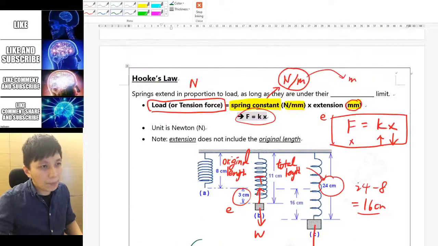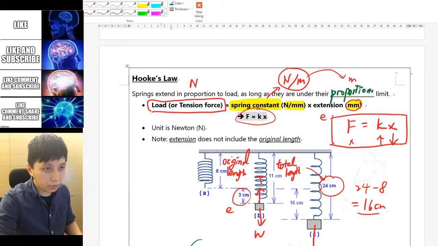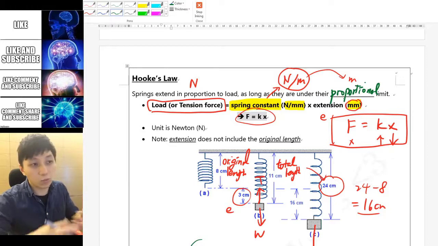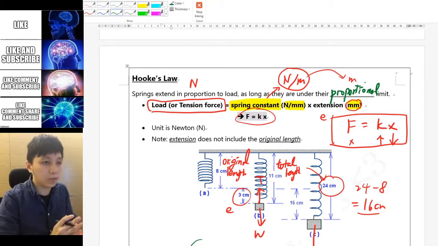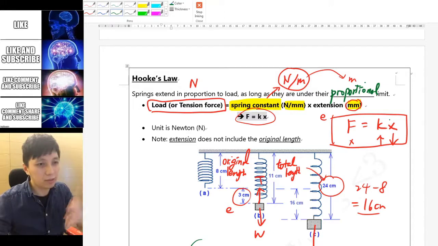And that is why back to the top here, you should have put down the words proportional limit, which is saying the spring would be extending according to Hooke's law. And some people may call it limit of proportionality. That's the same thing. Proportional limit, limit of proportionality, the same word.